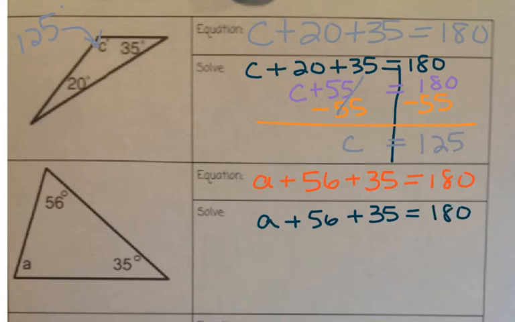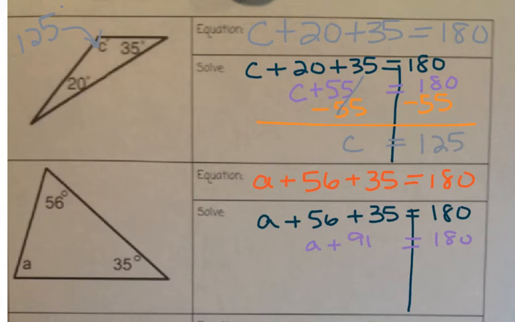If you look at this, I've got the same thing. I've got two numbers right there that I can combine. They're like terms, they're constants. 56 plus 35 is 91. So I'm going to say A plus 91 equals 180.